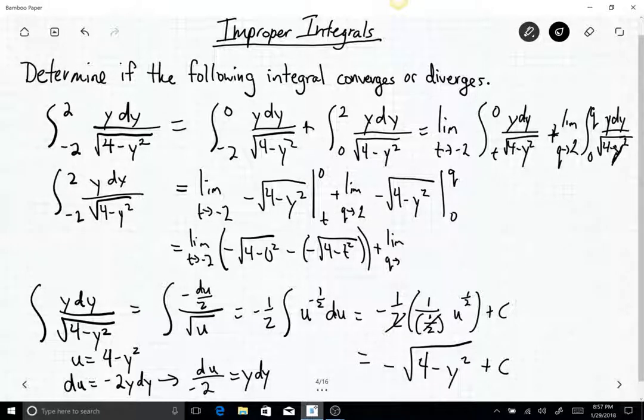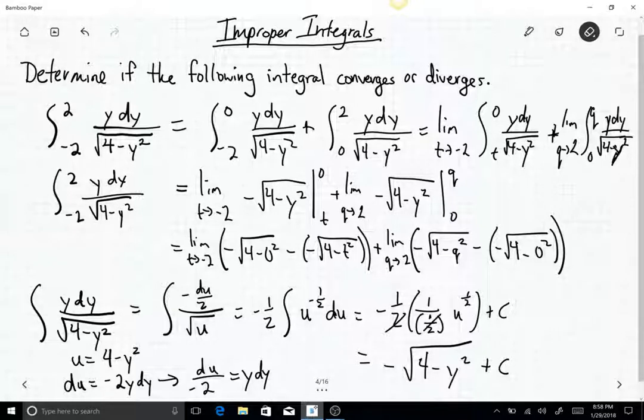So you get limit as q approaches 2 in the other case, and then we get negative square root of 4 minus q squared minus a negative square root of 4 minus 0 squared. All we did was plug in the bounds. So now, hopefully I can erase the bottom piece. If not, sorry, I'm just going to need to make some space. If you need me to reproduce it, that's fine.